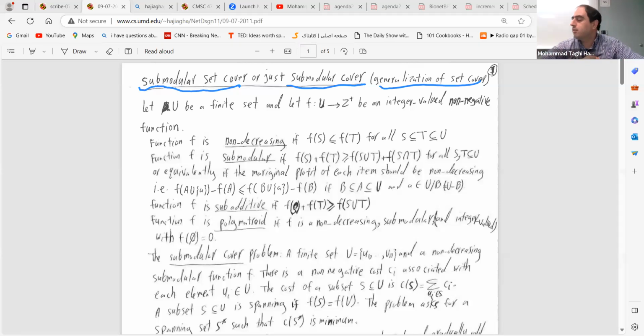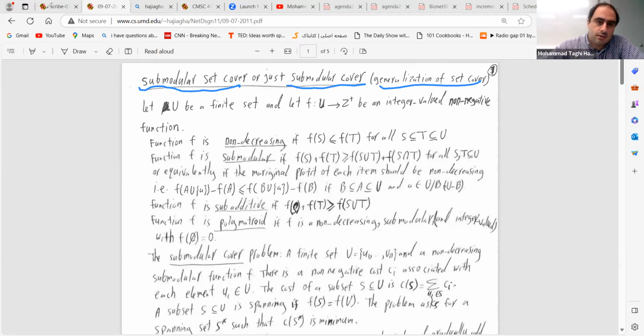We have also described the greedy algorithm for set cover, and we went through why it is a log n approximation. We said why it is tight, everything we discussed previous time, as well as the F approximation. Here we are talking about the generalization of that, which is submodular set cover or submodular cover.